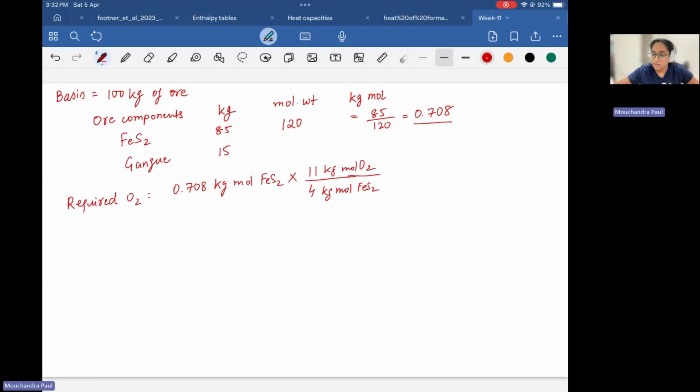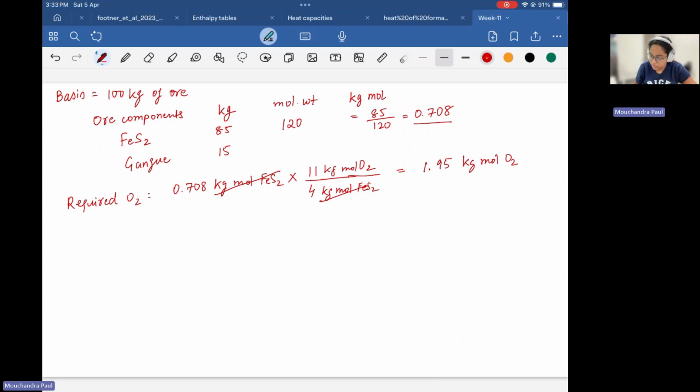This will give you the required amount of kg mole of oxygen. Let's calculate that. It is 1.95. Okay, this much kg mole of oxygen is required.